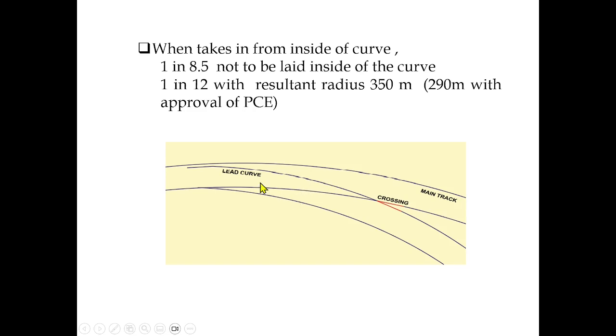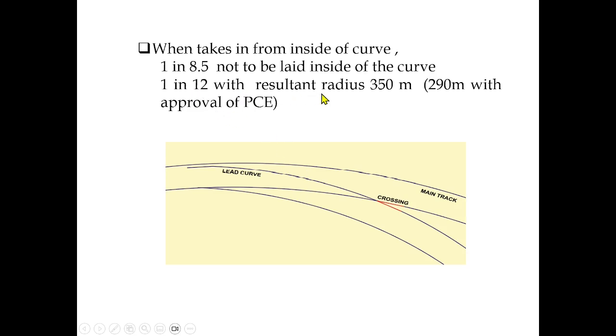That means the degree will become more, and the radius of curvature will become sharper. Suppose an 8 degree turnout, that is normally in the case of straight turnout. When a 2 degree main curve is there, the resultant degree of turnout will be 8 plus 2, 10 degree. So normally 1 unit of turnout should not be provided in a similar flexure.